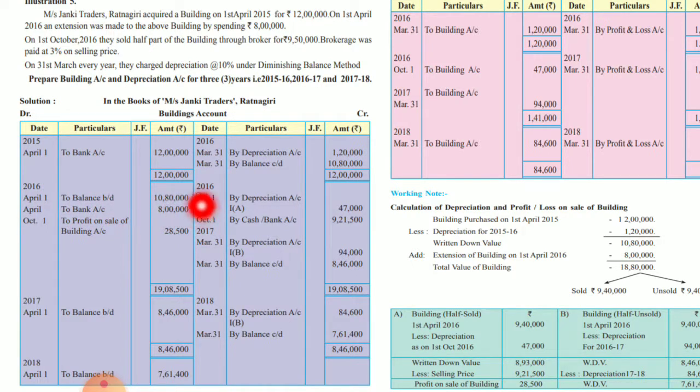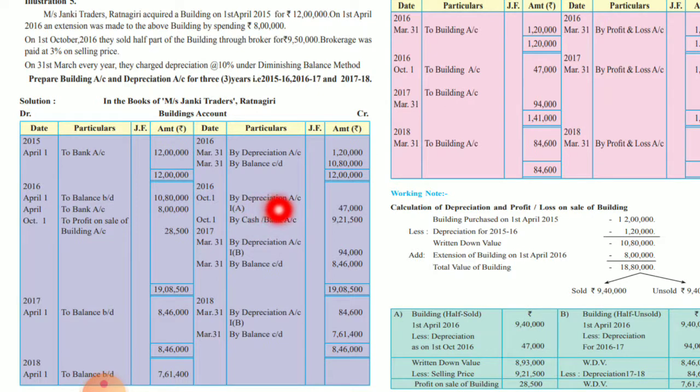Now we remember that the extension was made for the next year, so it was spending how much? 8 lakh. So to April 1 to bank account 8 lakh. Here on the first machinery, we have to calculate the depreciation, because on 1st October 2016 half building was sold. So we'll calculate the depreciation of the part which is sold.